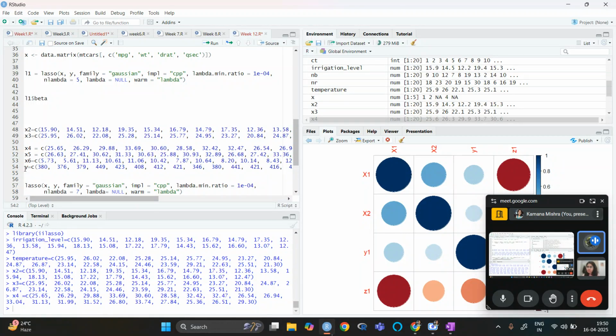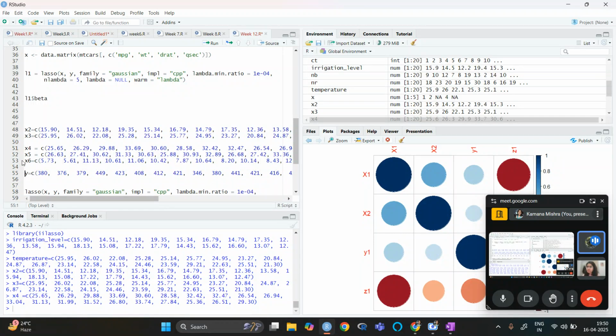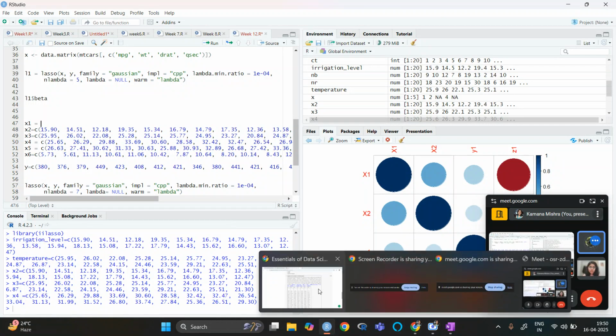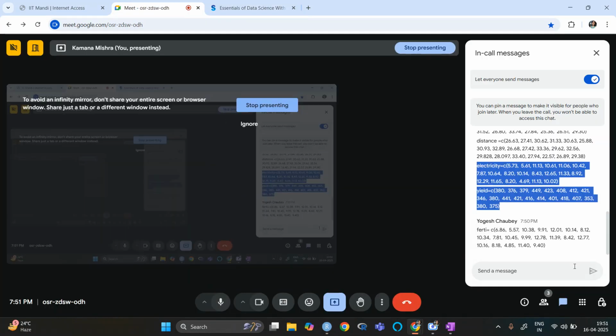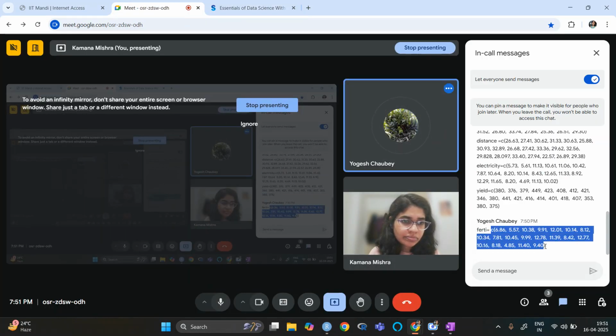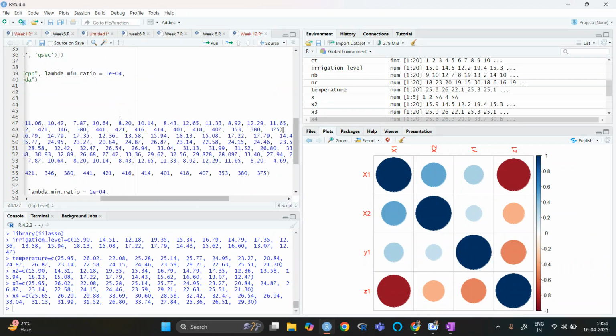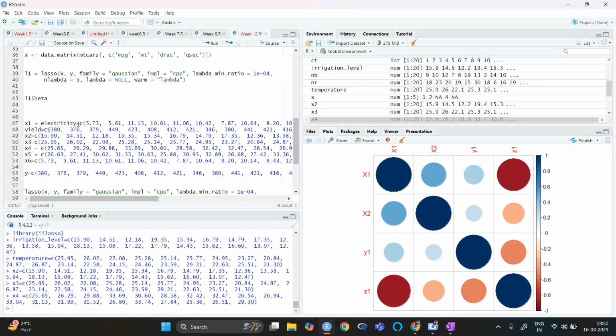And as per my code, this one was my code, what I was running.